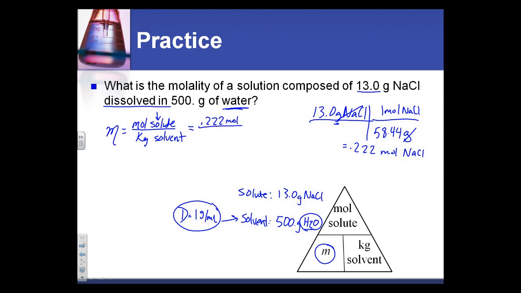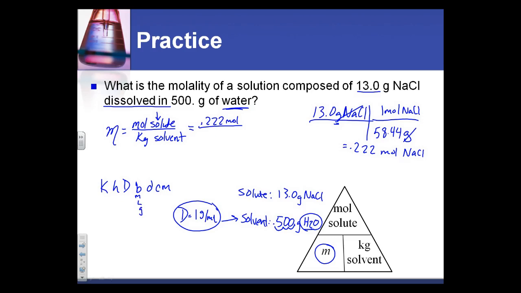Now I'm going to divide that by my kilograms of solvent. We have grams, not kilograms, so we're going to have to convert. In order to go from a base unit to kilo, we have to move the decimal 3 places. Make sure you remember how to do that. If you need to write the King Henry's daughter bakes delicious chocolate muffins on the top of your paper, on everything you turn in, in order to get this right, do it.